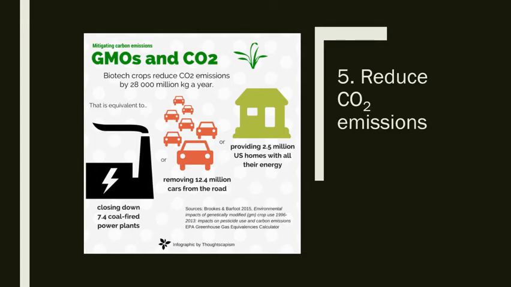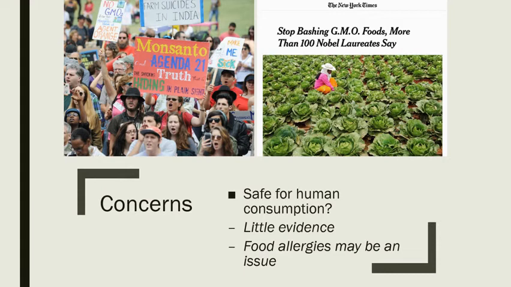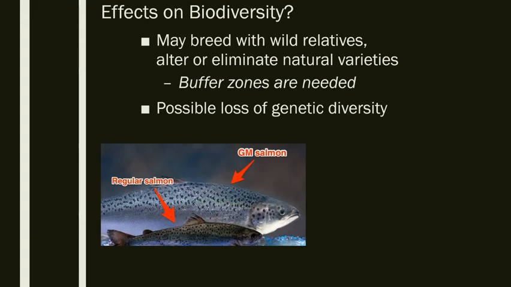So what are the problems with GMOs? They may or may not be safe for human consumption. Not every GMO has been thoroughly tested in all the possible situations. Another issue is whether we're reducing biodiversity, or what the effects on biodiversity are.